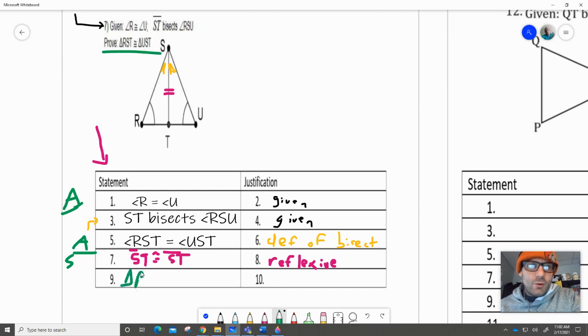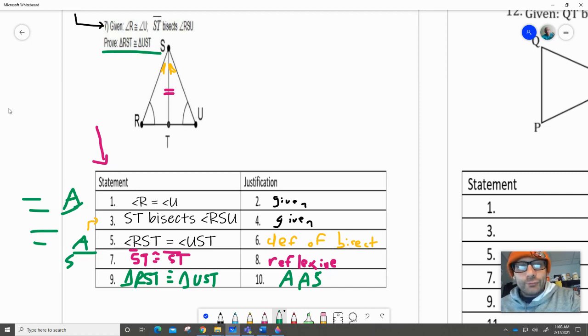So the triangles are going to be congruent, which is what we want our last statement to be. Triangle RST is congruent to triangle UST, and the reason for that is angle, angle, side. The first couple of steps of this get us our A's or our S's.